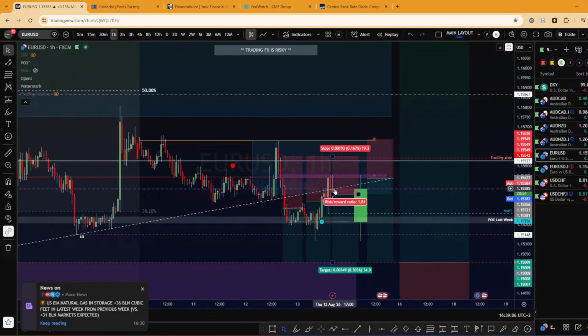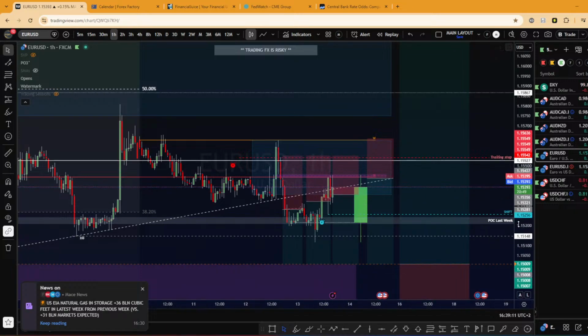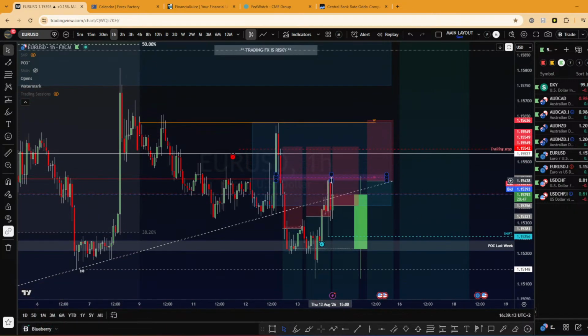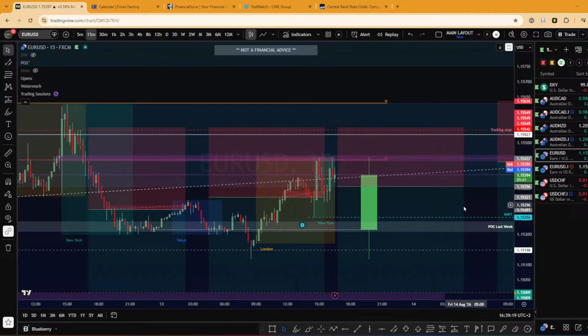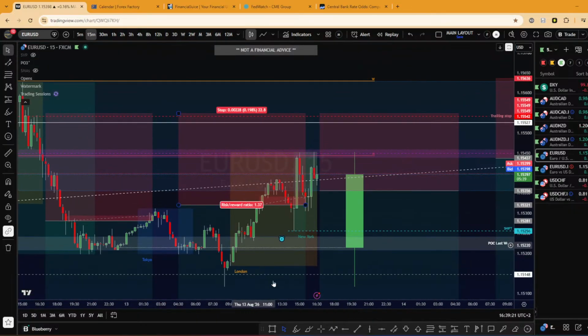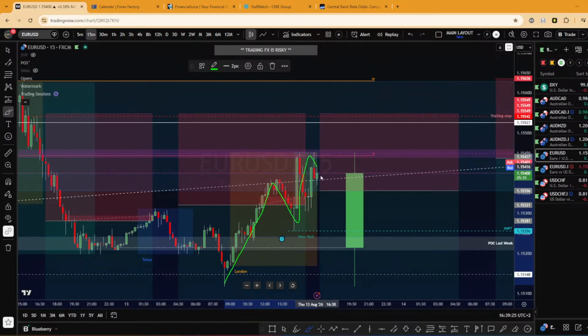But the EURUSD trade is making me nervous, because we really need to reject this level, but it seems like it's struggling to reject this level. When I go, for example, to a lower time frame, we still have this bullish order flow, which makes me nervous.